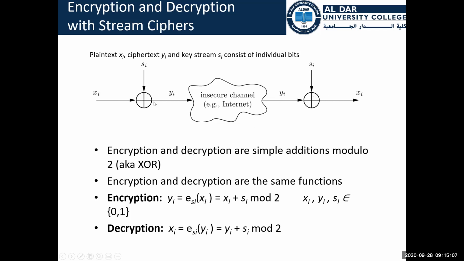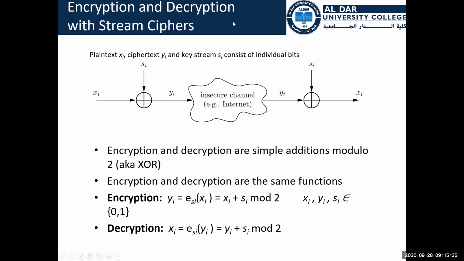So this is how to use encryption and decryption with stream ciphers. The functionality of this XOR is simple. It is Xi plus Si mod 2, and the decryption is Yi plus Si mod 2. This is XOR.